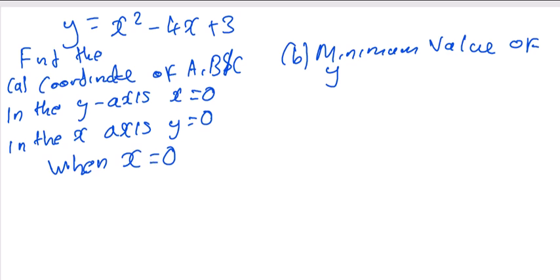So our function is y equals x squared minus 4x plus 3.